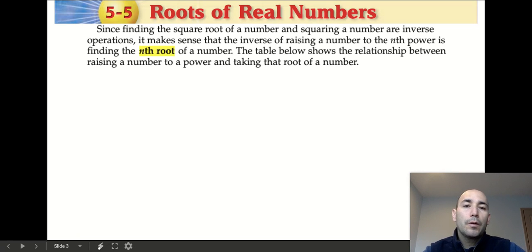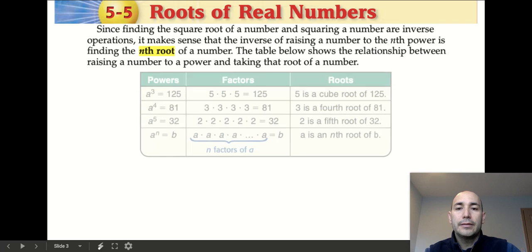Since finding the square root of a number and squaring a number are inverse operations, it makes sense that the inverse of raising a number to the nth power is finding the nth root of a number. The table below shows how raising a number to a power and taking the root of that number are connected.